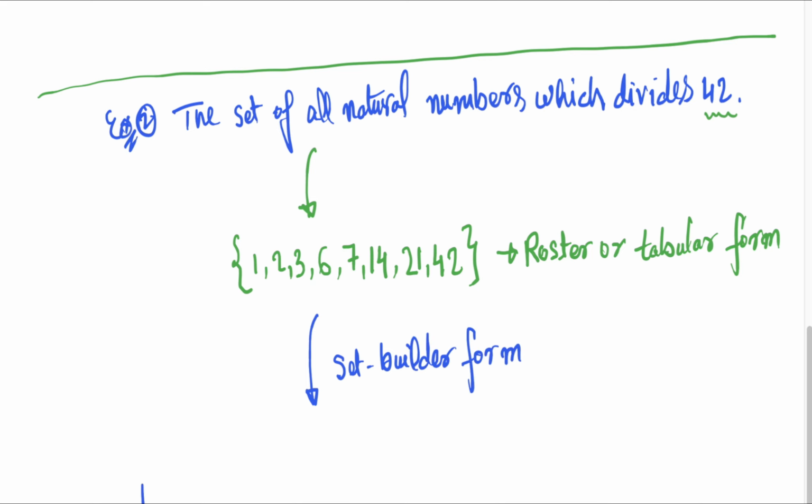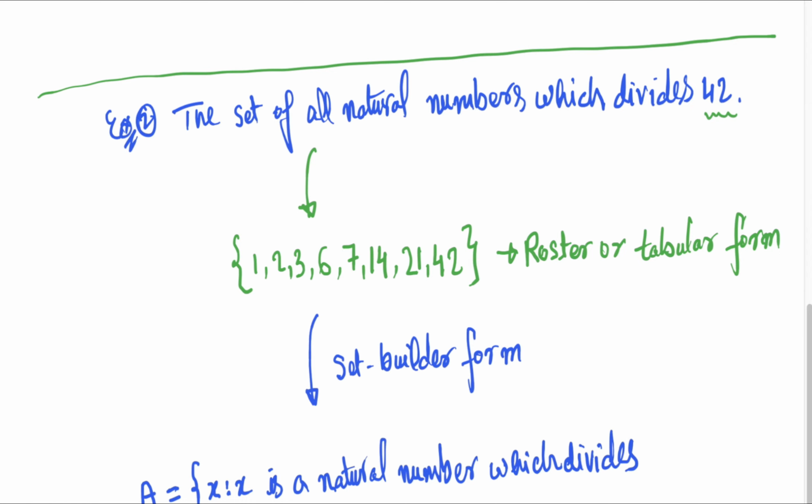We take a capital A inside the curly braces and write x such that x is a natural number which divides 42. Now we have successfully converted the roster form into set builder form.